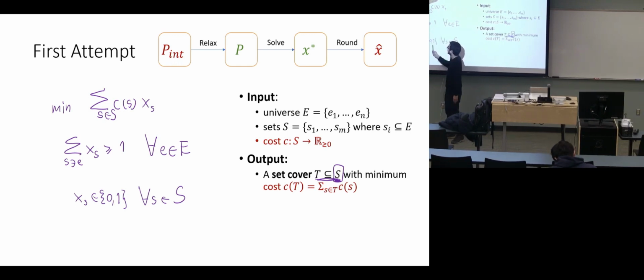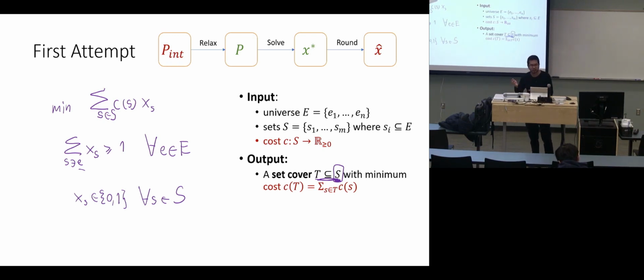Because now X is either 0 or 1, all you need to do is put the sum of X_S for each set S that contains the element E to be at least 1. This means that some set that contains E must be set to 1.